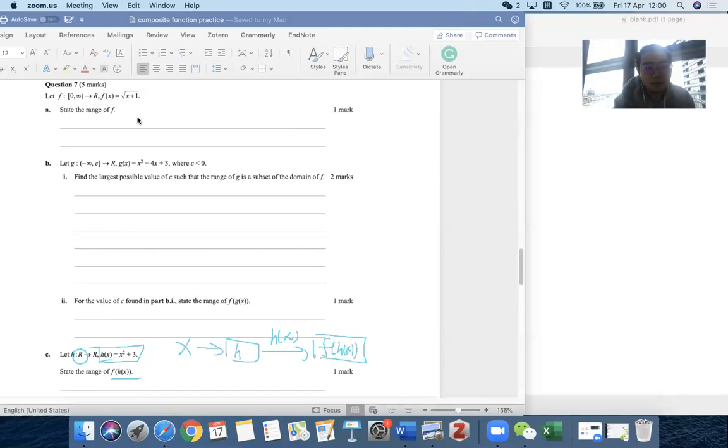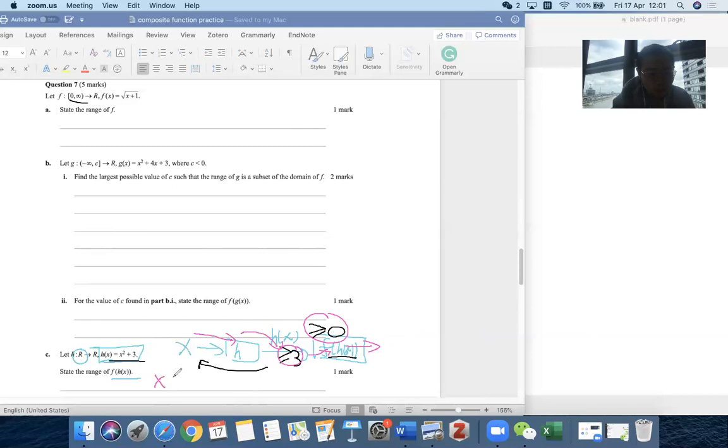Again, f can only take greater than or equal to 0, and my h(x) is x squared plus 3, so h(x) gives you greater than or equal to 3. Which means the h(x) range is a subset of the f(x) domain. So our whole chain box works, which means whatever x value h takes will always satisfy the input requirement, because x takes any values, goes to h giving a value greater than or equal to 3, and satisfies the input requirement over here. So our whole chain flow works.